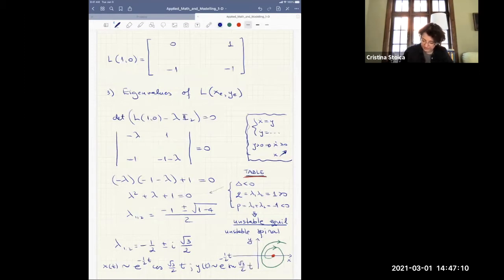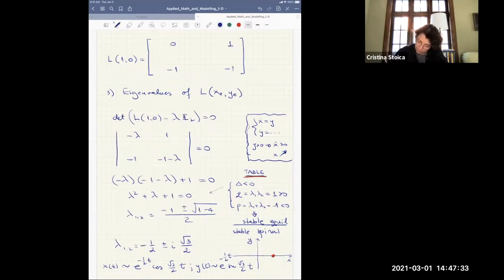This already tells me that this kind of thing will have a behavior that rotates. Oh, why did I say unstable? Because I'm silly. It's stable, it goes in. In the table, I'm just thinking somewhere else. Okay, fine.